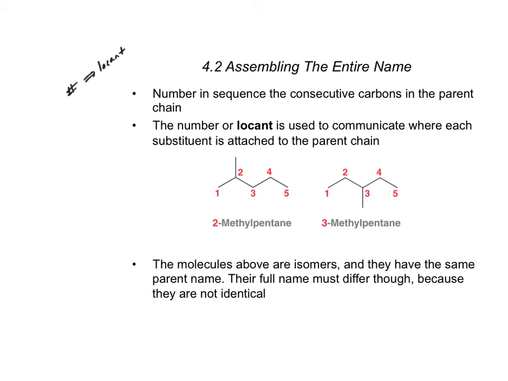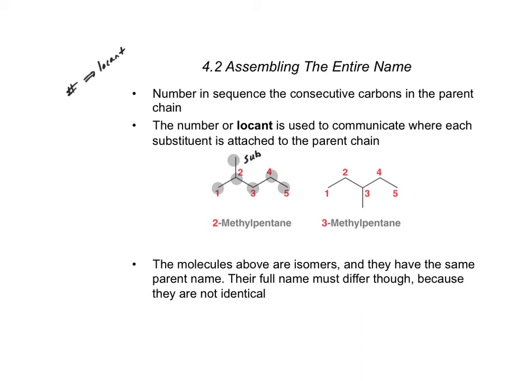So for example, we have two molecules here, right? This first molecule is a methylpentane. It has a methyl group off of a parent chain that has 1, 2, 3, 4, 5. So this parent chain is pentane, and we have a methyl group as a substituent coming off, right? If we look over to the right, we have a very similar thing.